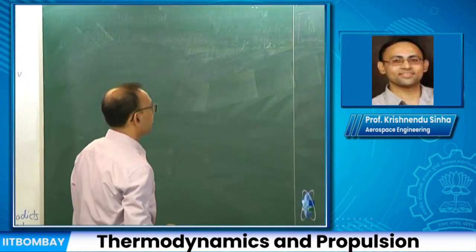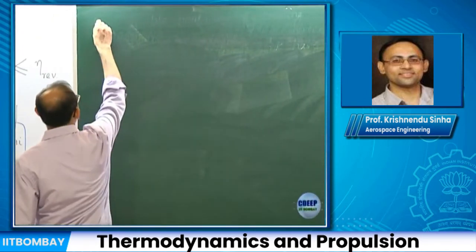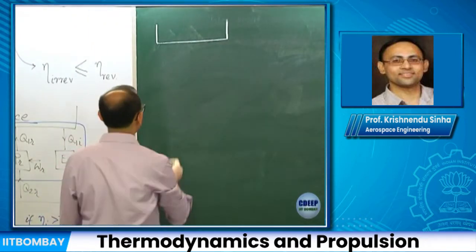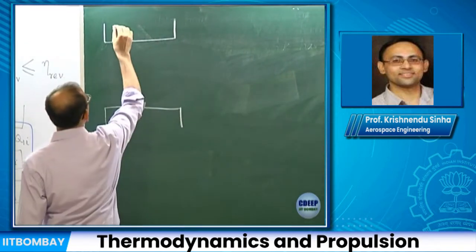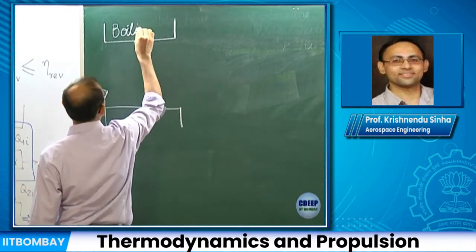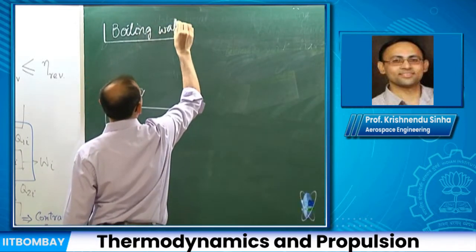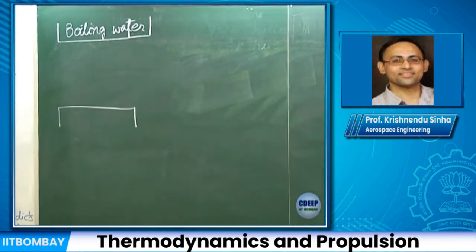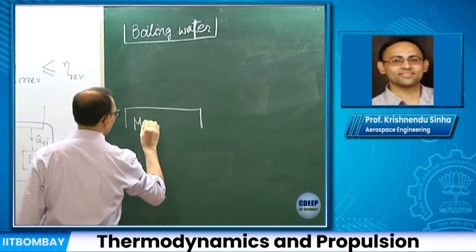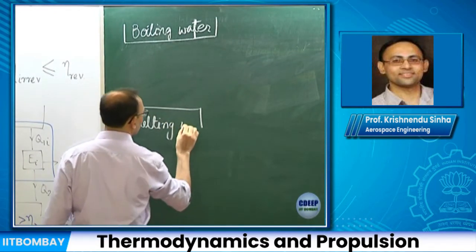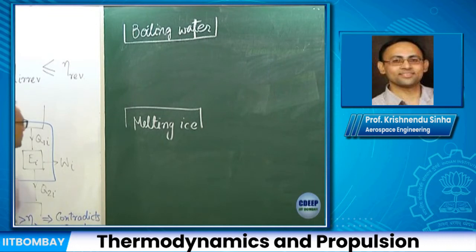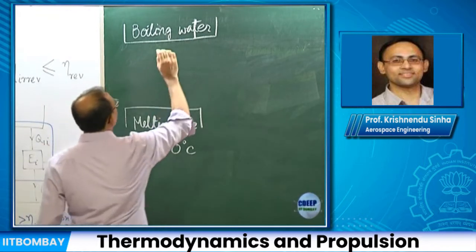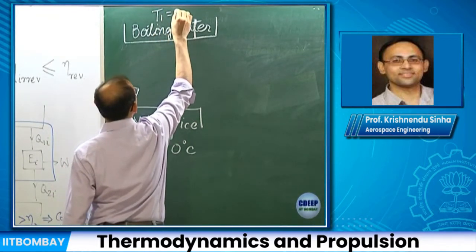Okay. So if you want to develop a scale now, we take a source and a sink at temperatures which we are very comfortable with. Let's say T2, the lower temperature, is 0 degrees Celsius. T1 is 100 degrees Celsius.